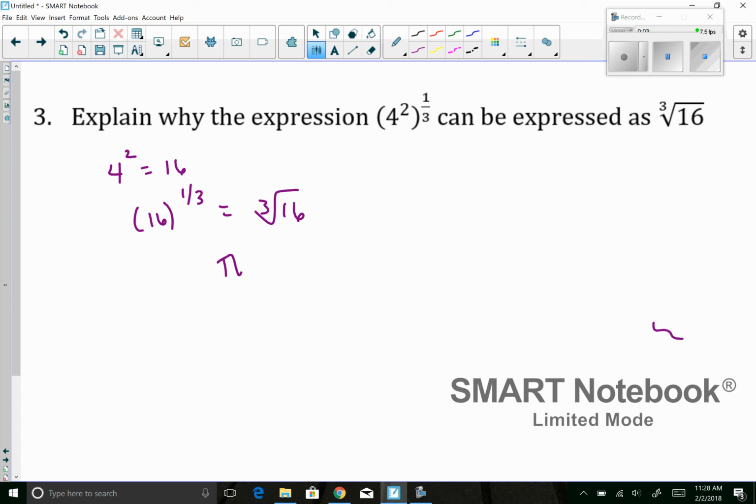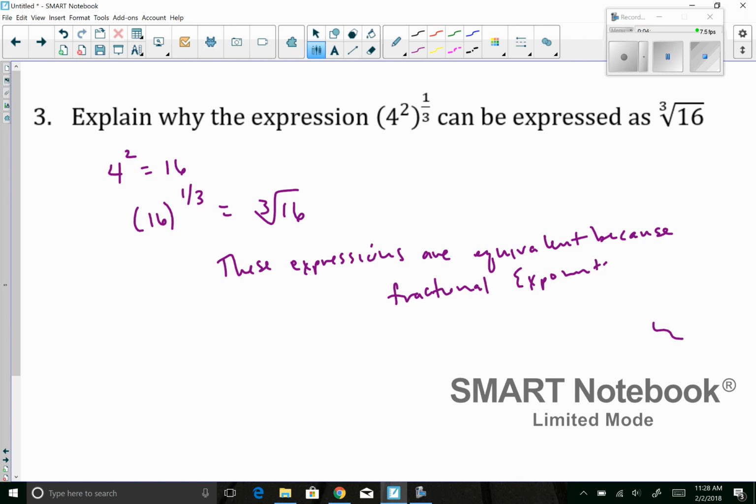So I can say these expressions are equivalent because fraction exponents are in the form exponent over root.